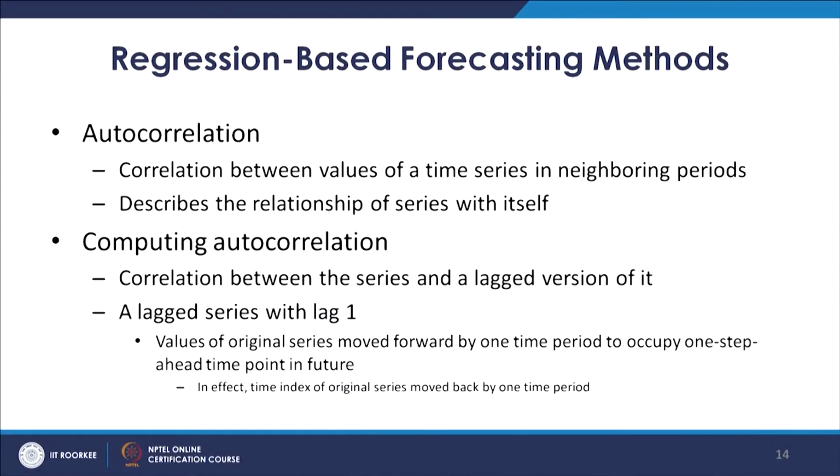Another way to understand the same thing is that, in effect, the time index of the original series is moved back by one time period. Take a series of the number of riders in different months. Let us say there is a particular number of riders in the month of March, say 2000, and before that we had February, then January, and then the previous year.